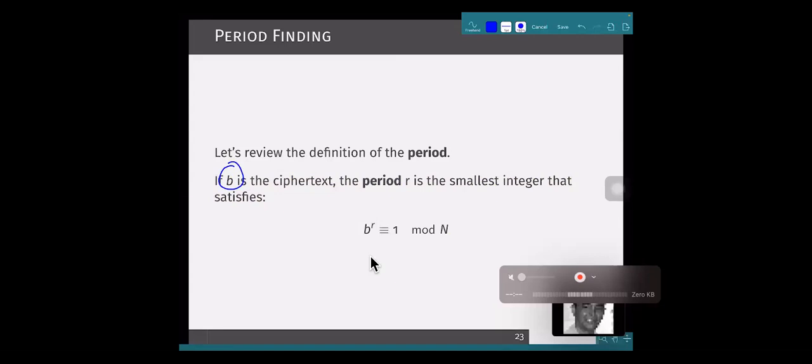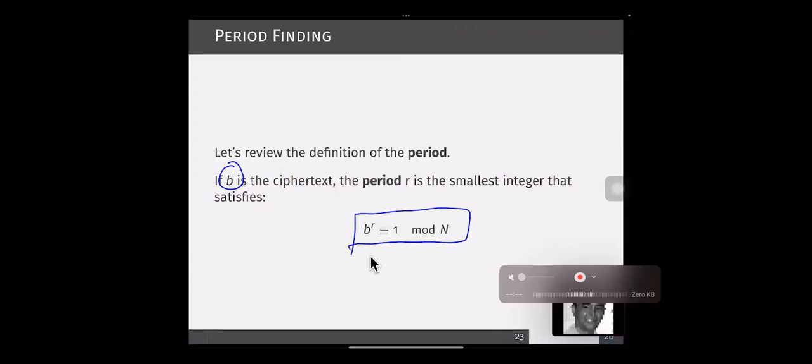The period R is the smallest integer such that when you raise B to the R, it will give you 1, remainder 1. So this is the definition of the period. So why is that very important? Let's go to the next page.